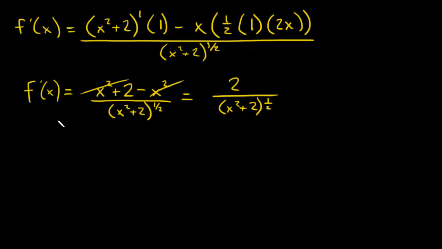Well, I can now find my critical numbers. So A, are there any discontinuities here? And that should be to the 3/2. Oh, let me forget that, not to the 1/2, to the 3/2. Okay, so there are no discontinuities again because I am squaring, and so it's always positive, adding a positive to it.